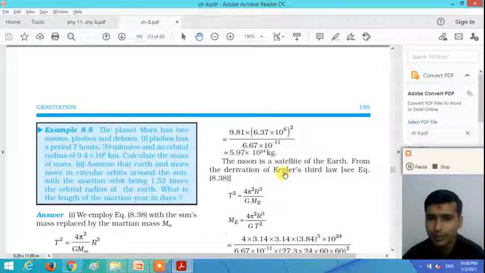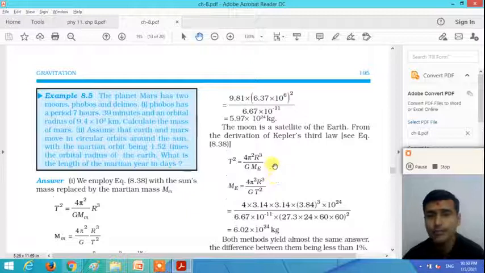And second, how can we calculate it? We can calculate it by the periodic time of the satellite.